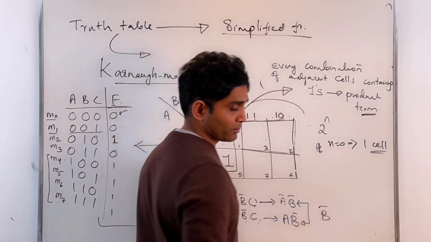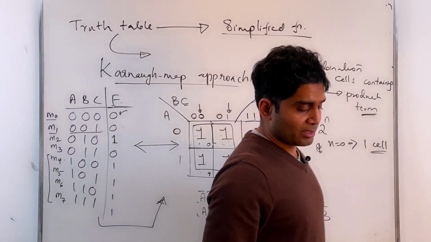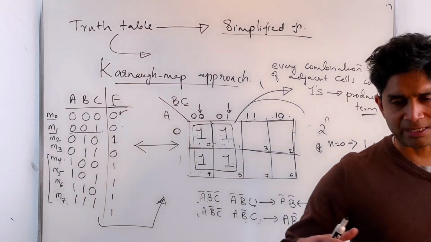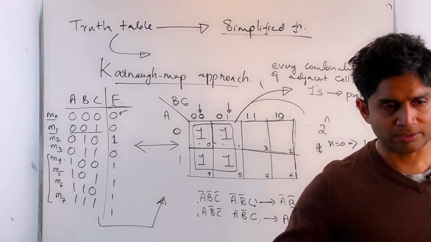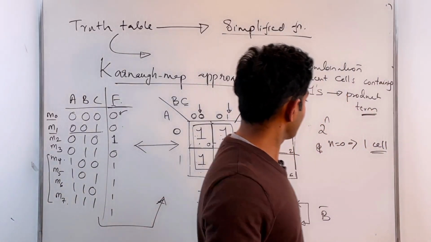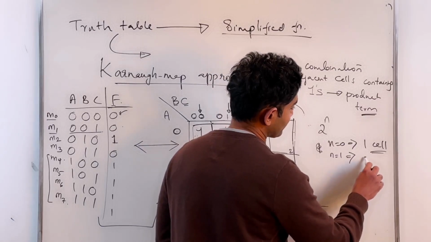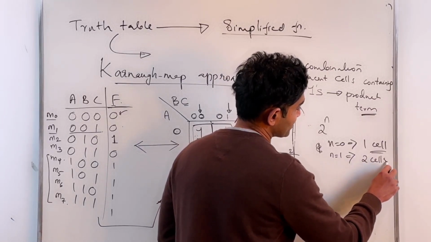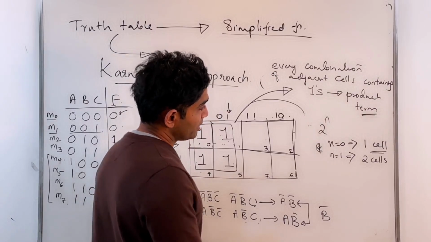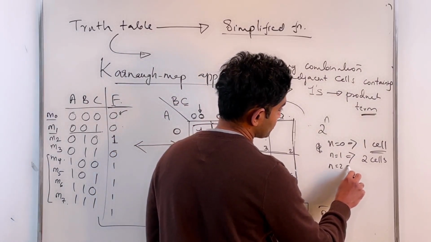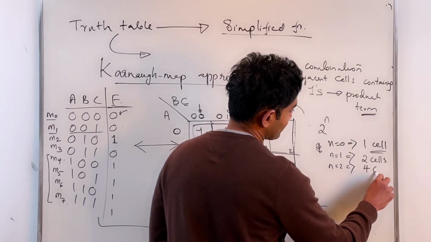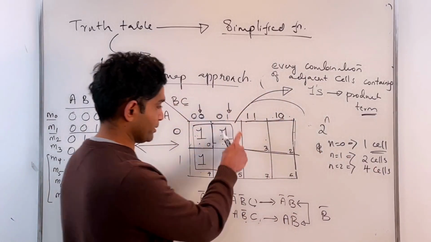You may have a K-map where a cell cannot be combined with another cell, so that's a combination of one cell. N equals 1 corresponds to 2 cells, 2 adjacent cells. N equals 2 corresponds to 4 adjacent cells. I can combine 4 adjacent cells like we did here.